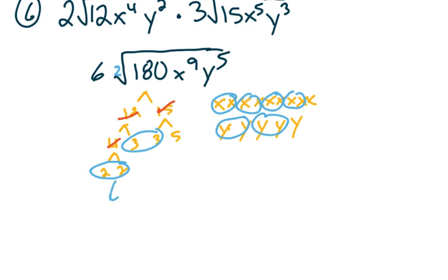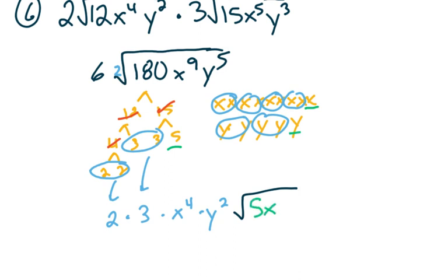So remember, whatever we circle comes outside our root. So we have a 2 times a 3 times an x to the 4th times a y squared. Everything we don't circle stays inside the root. So we have a 5, an x, and a y.